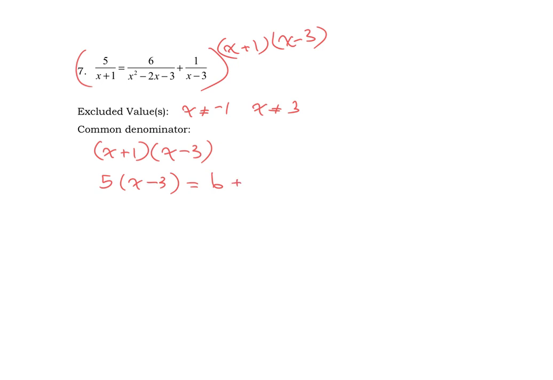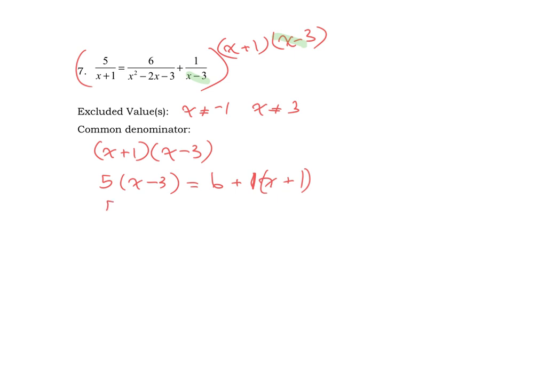And then plus, and then that's a 1. And on this one, the x minus 3s cancel each other out, so that leaves me x plus 1. Oops. Which there's a 1 in front.